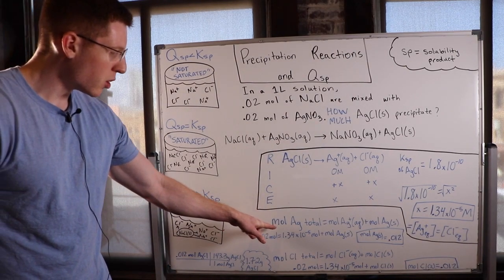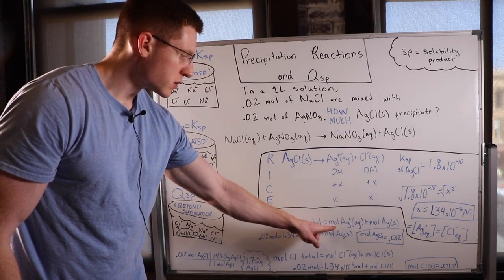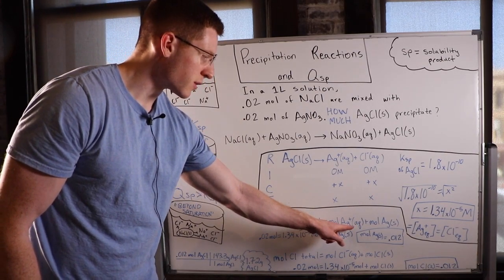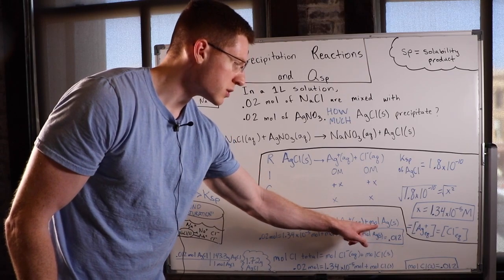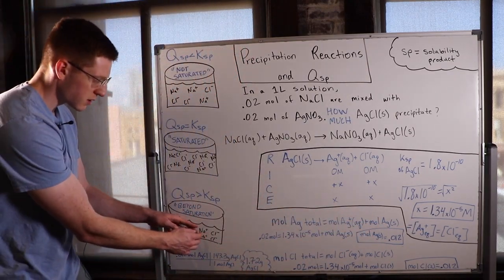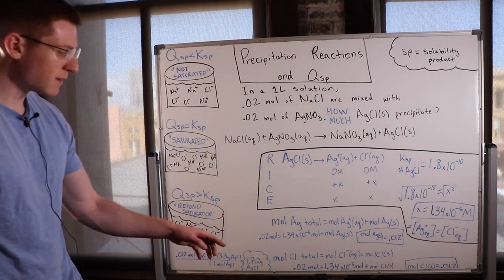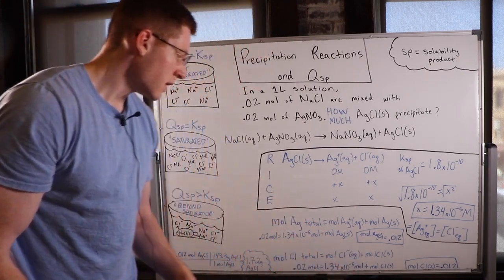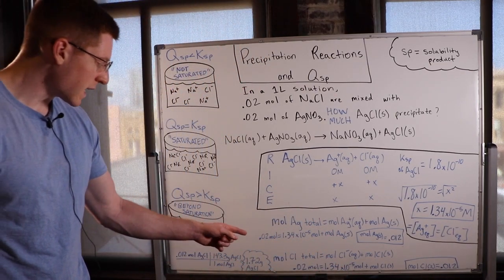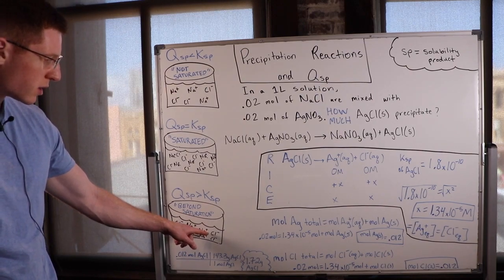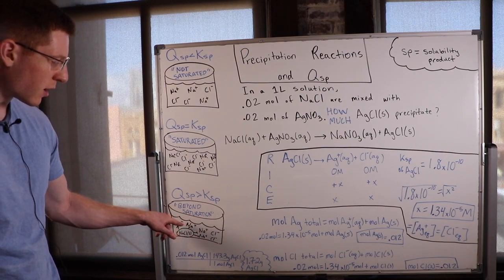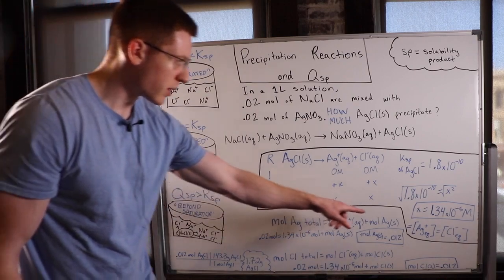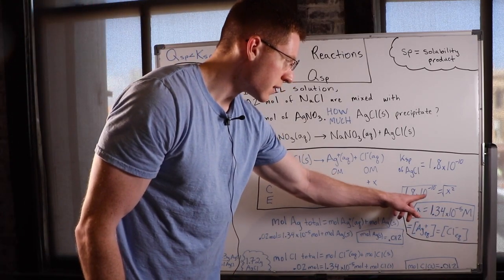We can say the total moles of silver are equal to the dissolved moles of silver ions plus the solid moles of silver. Remember, there's going to be some silver out here, some silver in the solid, and the same exact thing for the chloride. And we already know exactly how many silver ions can be out here because of the equilibrium constant, 1.8 times 10 to the negative 10.